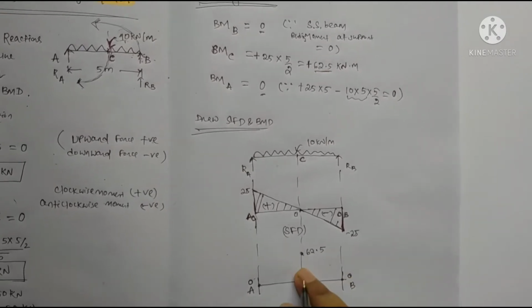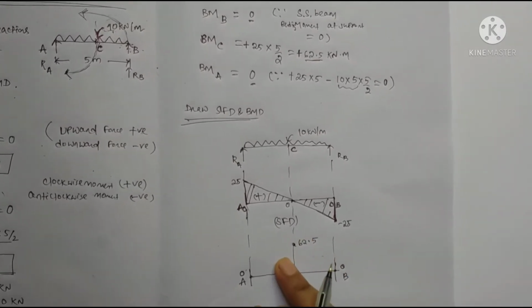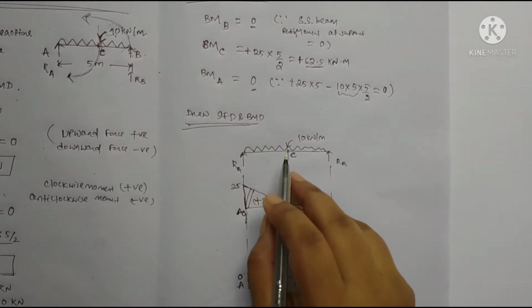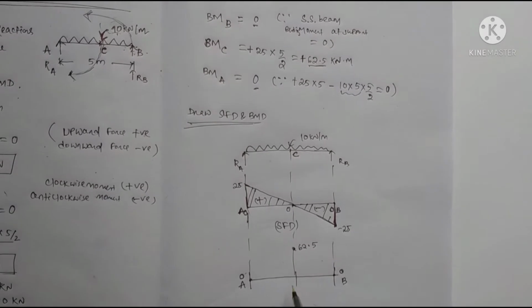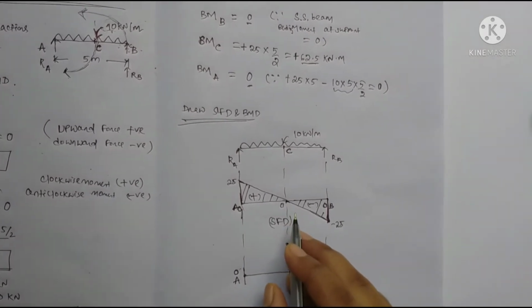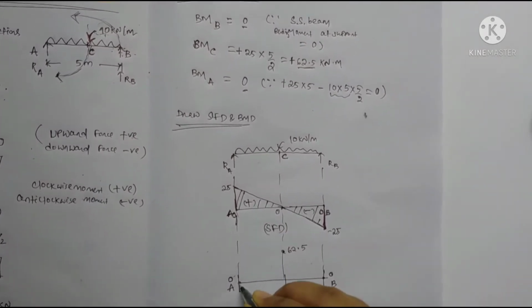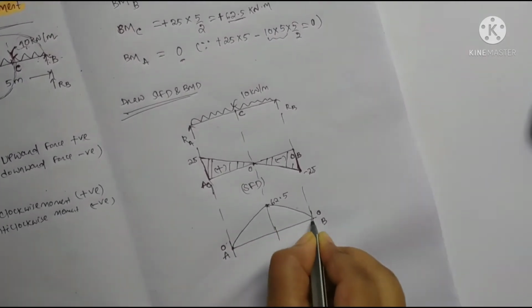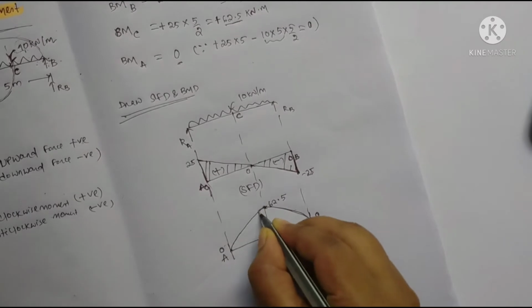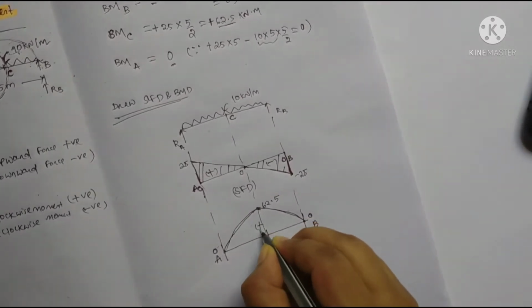How will we connect that? Just keep in mind that in a uniformly distributed load, the bending moment diagram is parabolic in nature and the shear force diagram is linear. So join it parabolically. It is parabolic. That will be positive.